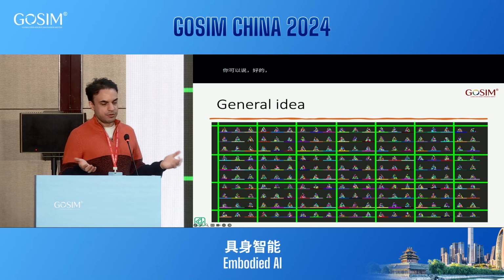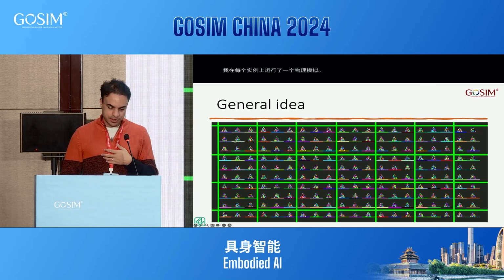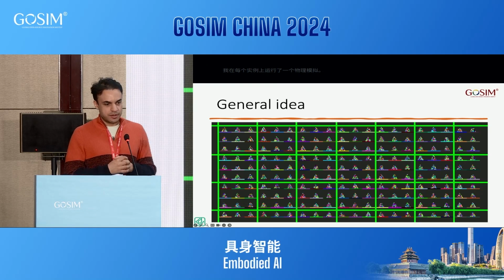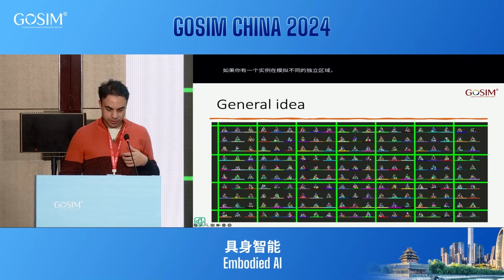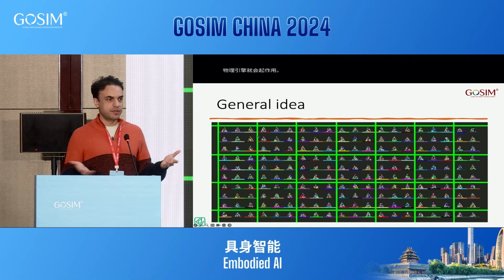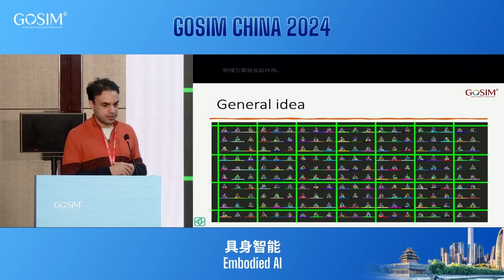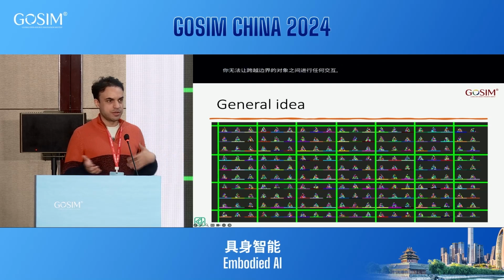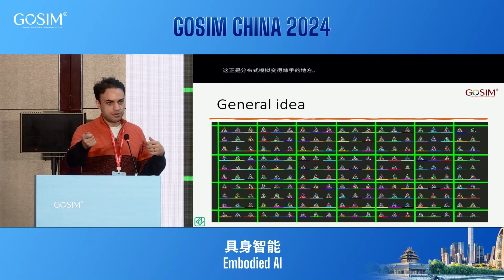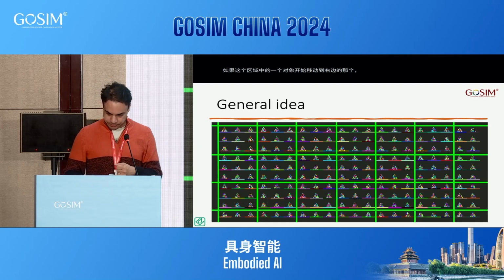Now, of course, if you have one instance of the physics engine simulating different independent regions, you cannot have any kind of interactions between objects crossing boundaries. And this is where things get tricky in the distributed simulation. If one object from this region starts moving to the one on the right, what happens? How do I say, okay, I need to stop simulating my object and send it to another instance of the physics engine? This kind of problem.